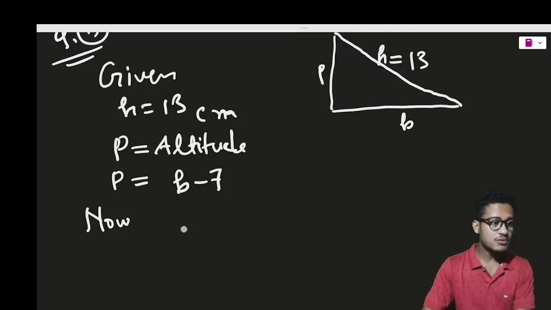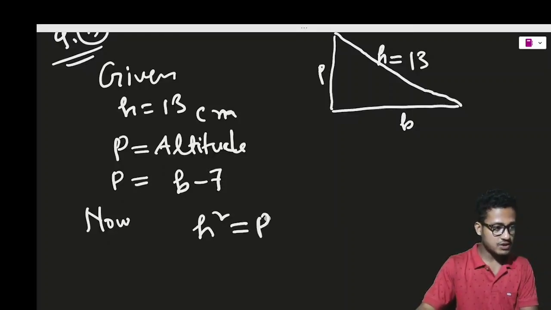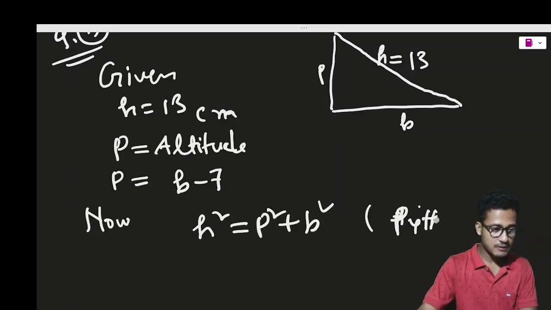Now what do we know? We know that h square is equal to p square plus b square, according to Pythagoras theorem.